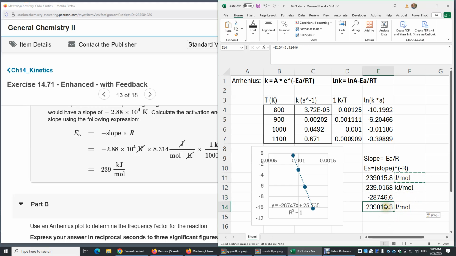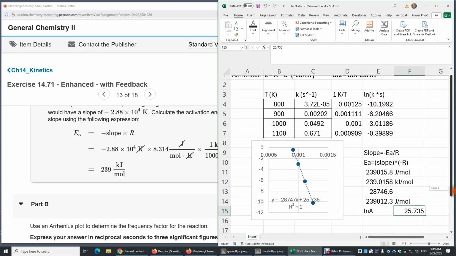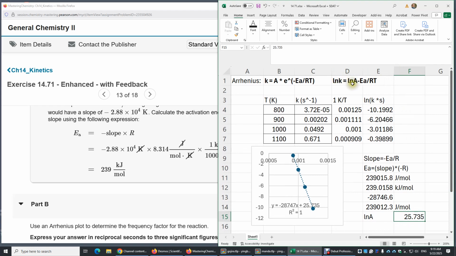Now let's look at the intercept. The intercept is Ln A. So I will just give you Ln A. Ln A is the intercept, 25.735. This is the intercept. And you can see the intercept is Ln A from this equation.